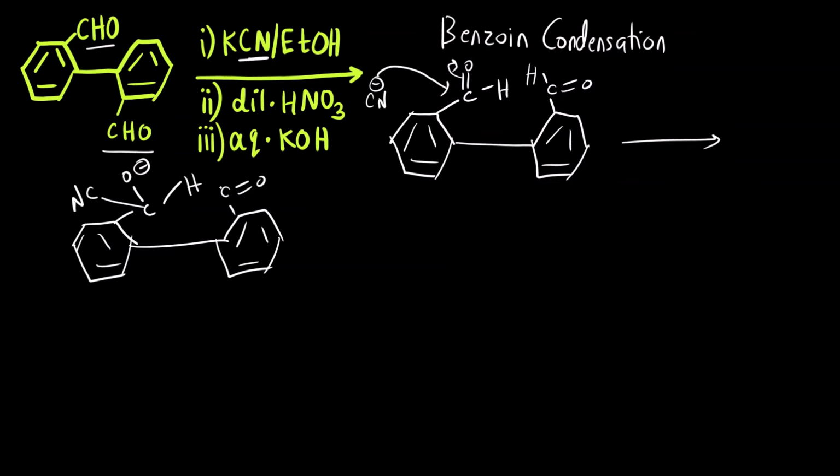And here there is C double bond O. Now what will happen? Now this will shift here. Or there is one thing: this hydride will migrate here and this will open up. So what will you get?